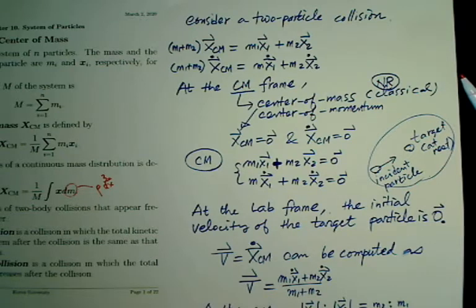Therefore, it is good to make use of the center of momentum frame instead of center of mass frame. So center of momentum frame is exactly the same as the center of mass frame in the non-relativistic theory. However, in relativity, we had better introduce the center of momentum frame to consider the collision problem.